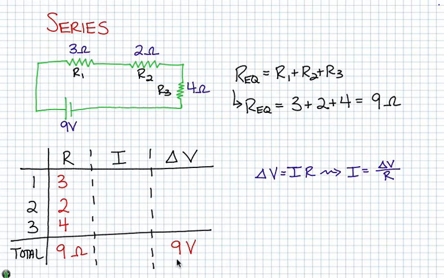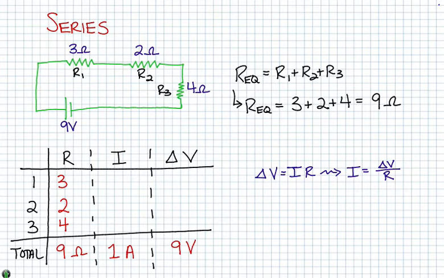So if I take my voltage and divide by my resistance, I wind up with 1 amp of current. For this total circuit, I have a total resistance of 9 ohms and a total voltage of 9 volts, which leaves me with a total current flowing through this circuit of 1 amp.